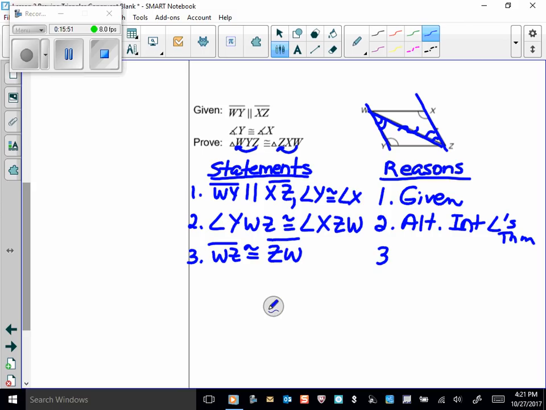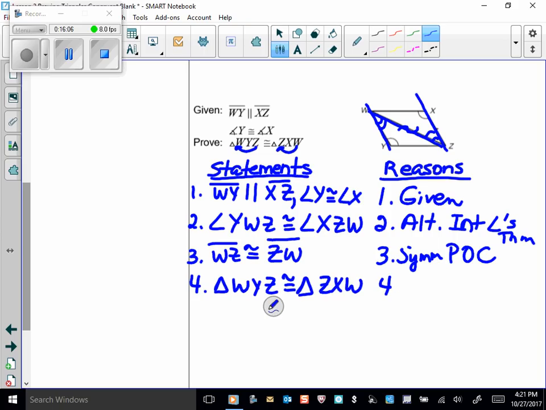And that's going to be by the symmetric property of congruence. And that gives it to me, my two triangles, WYZ is congruent to triangle ZXW by angle, angle, side. It's angle, angle, side, guys, because that side is not included between the two angles. If that's confusing to you, let's talk about it in class.